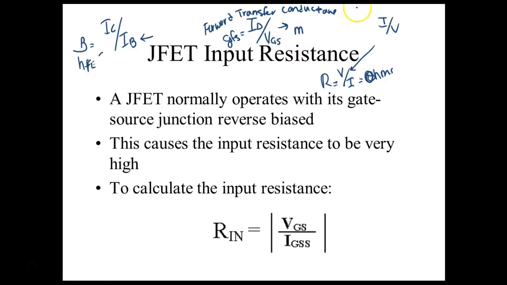Mho is in lowercase letters. I guess they came up with this because it's the opposite of an ohm. So it's the inverse of an ohm. This is the way they specify the gain, and it's usually in micromhos, by the way.